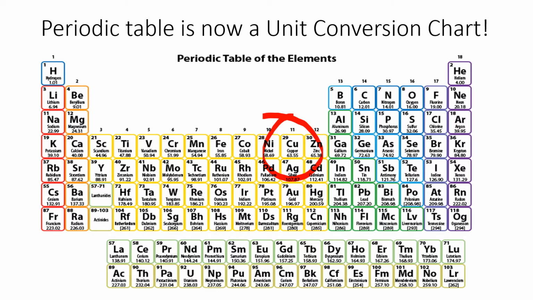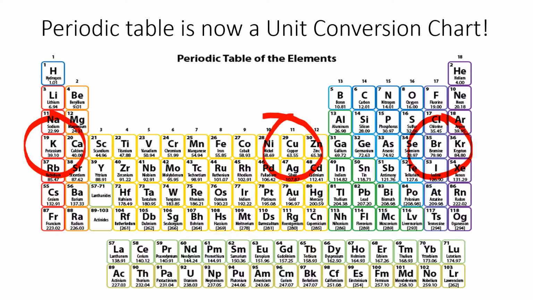Any element we're looking at, if I circle bromine over to the right, 79.90. What that means now for us is 79.90 grams of bromine is 1 mole of bromine. And if I circle potassium here on the left-hand side of the periodic table, 39.10 grams of potassium equals 1 mole of potassium.